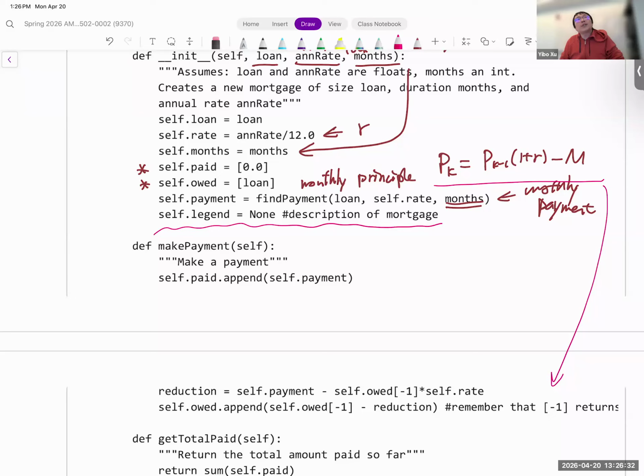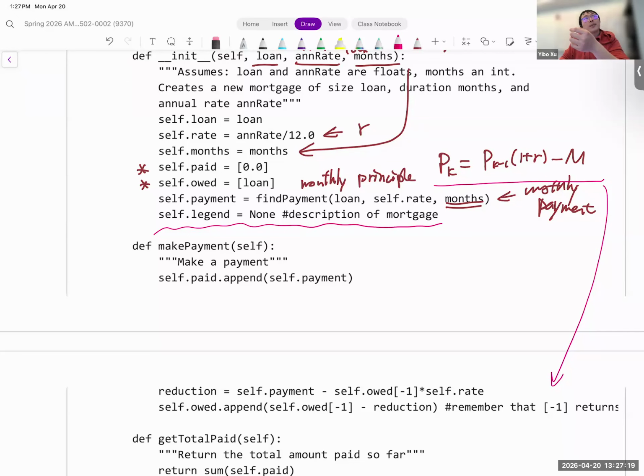But just remember, once a class is established, you would have pre-allocated memory in the system for those attributes and lists, so you can just append things into it. That's relatively nice, especially since for every object, or every mortgage, you would have two sequences: a sequence of monthly payments throughout the period, and the monthly principal throughout the period.